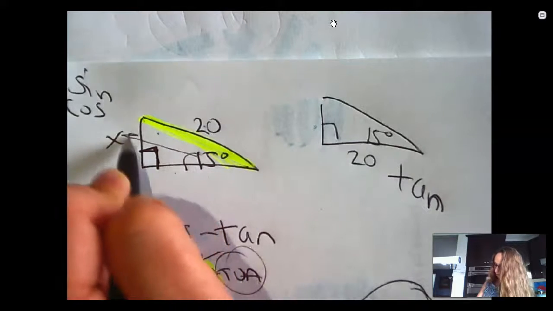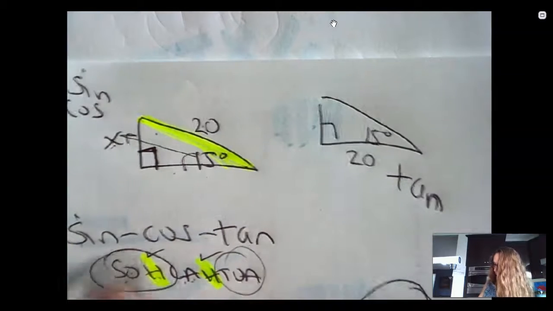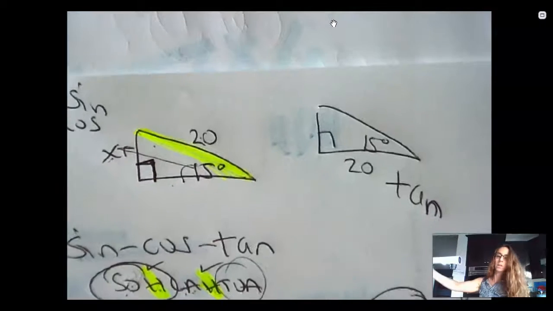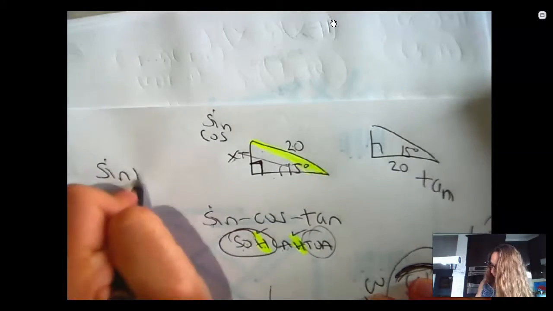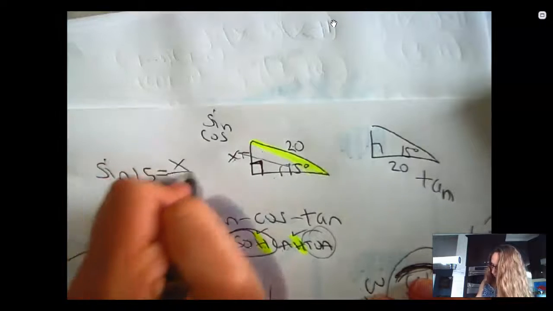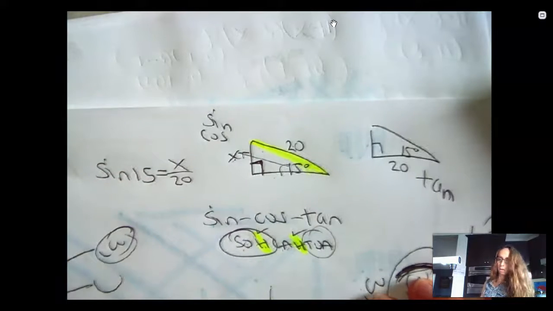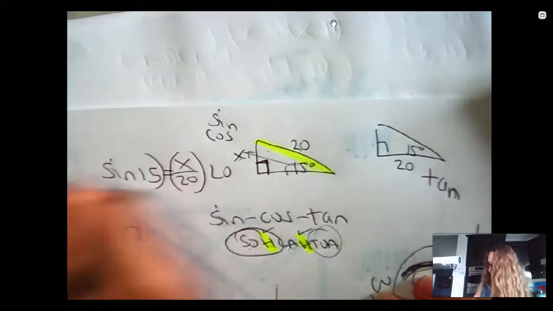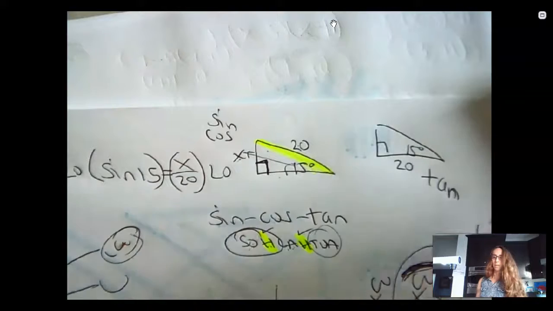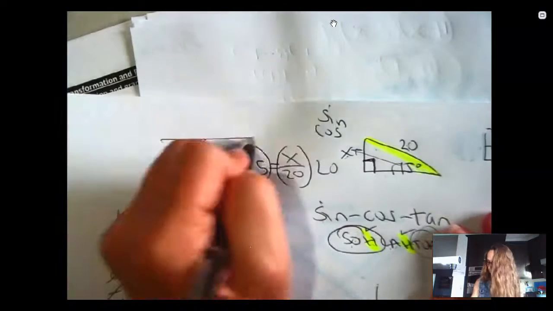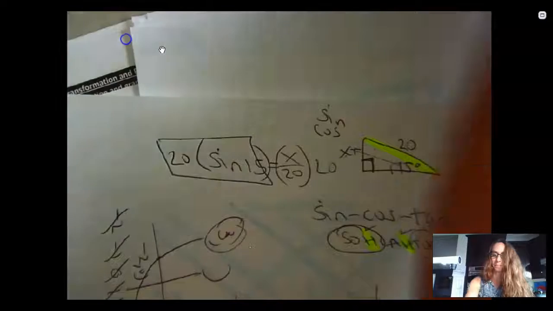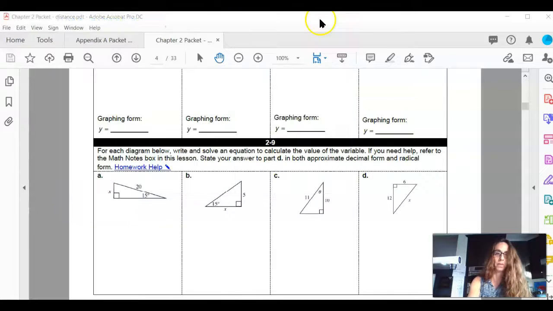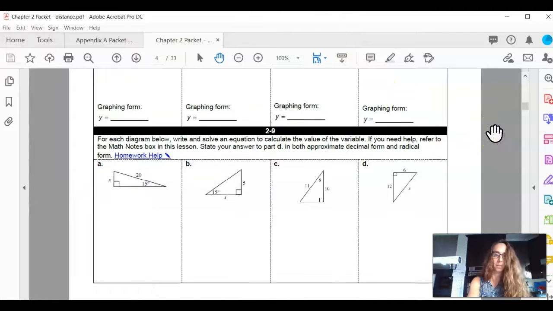Opposite is across. So that means it's opposite. We're dealing with sine. So now that I know it's sine, it's going to be sine of 15 equals x over 20. How do you solve? Multiply both sides by 20. And then I would put in my calculator 20 sine 15, and I'd get an answer. Hopefully that helped. We'll find out if I have got to do more work on that.